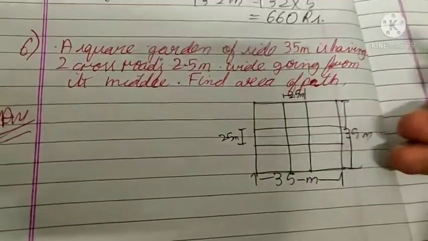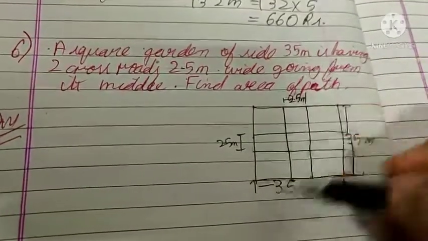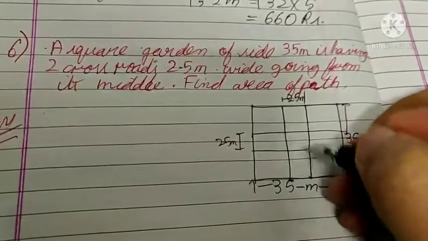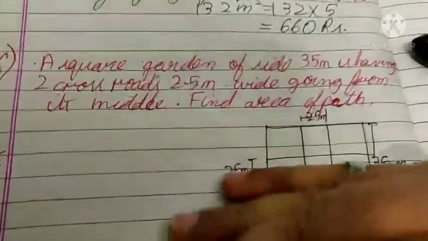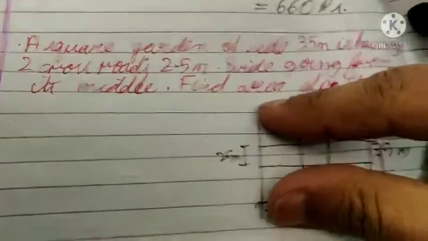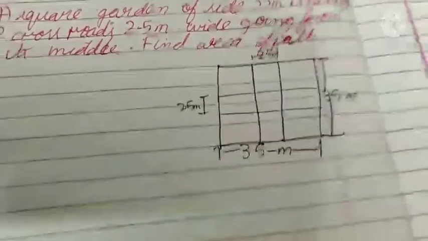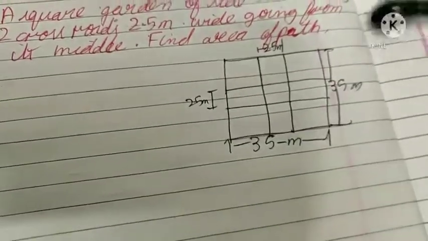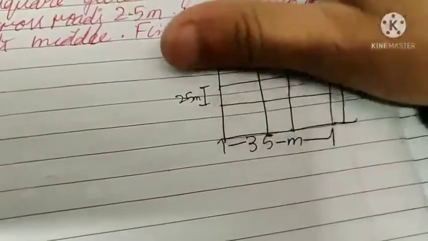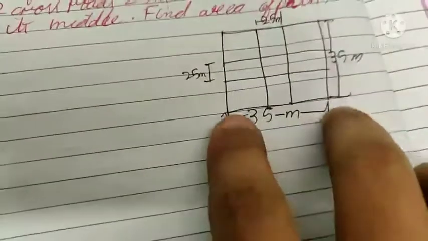So look, for calculating the area of this road, here this is the length. This length is equal to the length of the square. This is 35, so this will also be 35, so its length is 35.